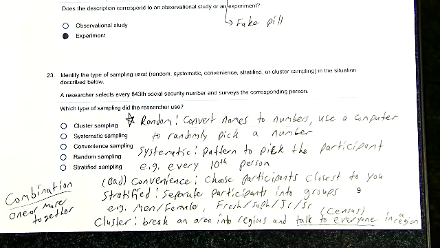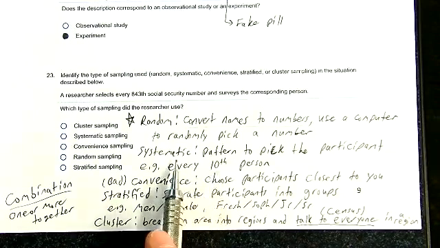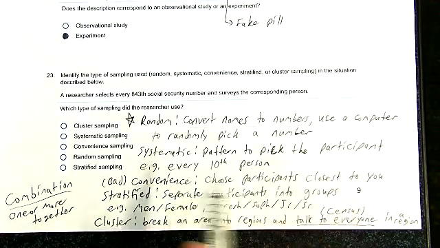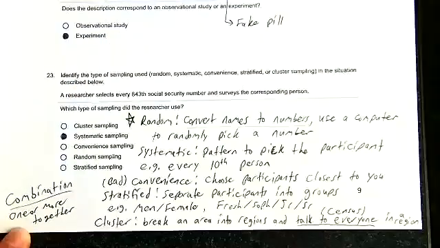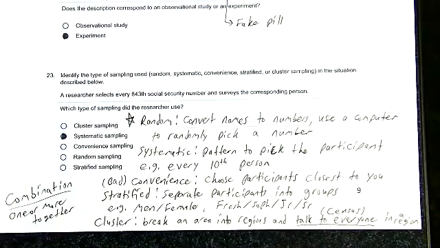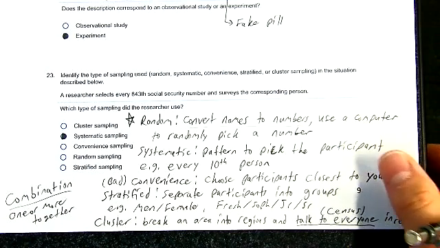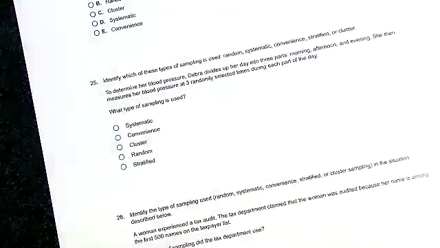So 843, 1686, etc. Okay, what kind of one would that be? Yeah, so hopefully you see this, every nth person is systematic, and it's pretty simple. Okay, we'll refer back to these as we need to.